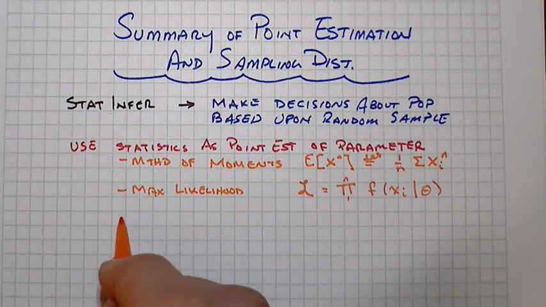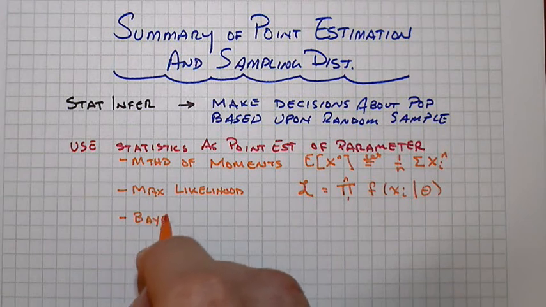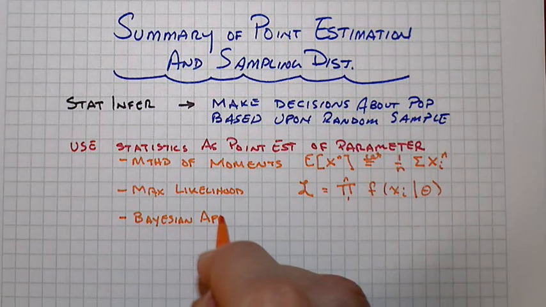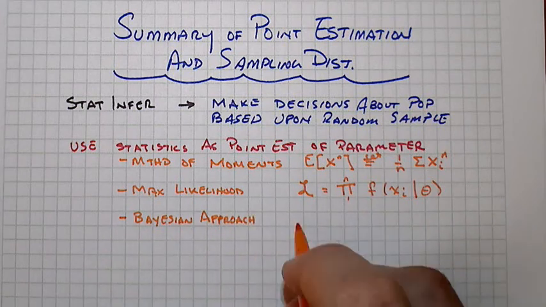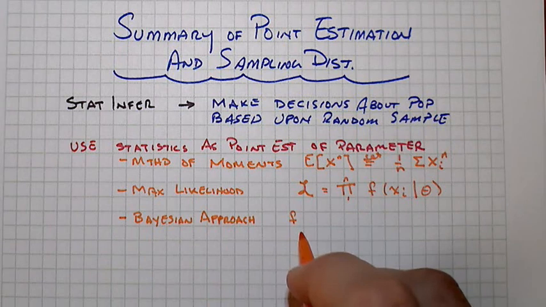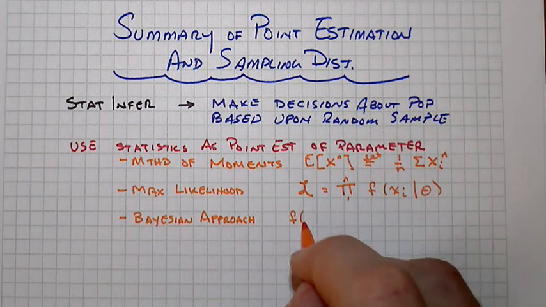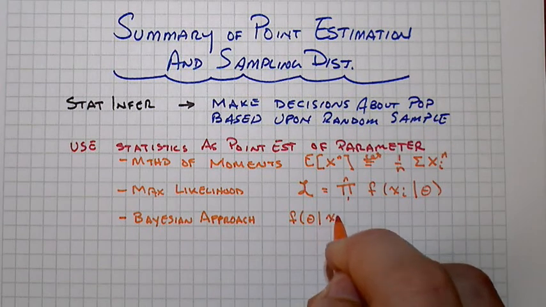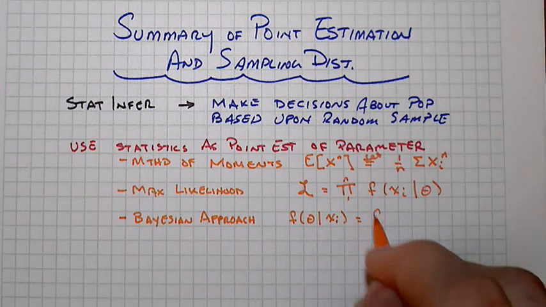And one that we didn't talk about, only alluded to, was the Bayesian approach, which really looks at what the conditional distribution is, say, of the parameters given all our xi values. So now we've turned this around compared to what we had before, and that's going to be equal to the joint of all of those, right?